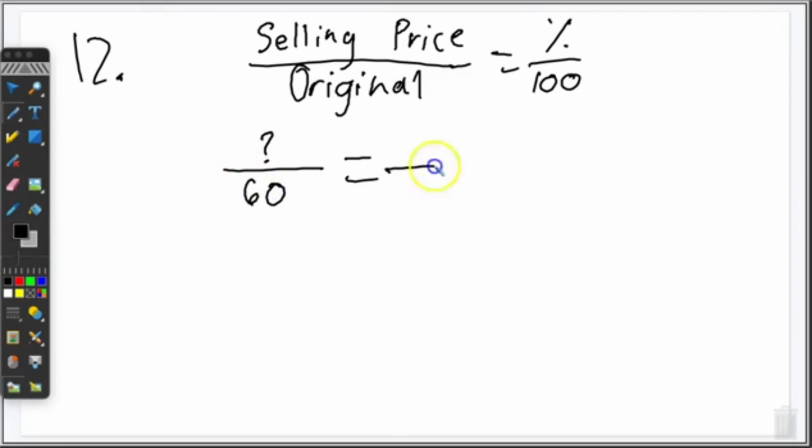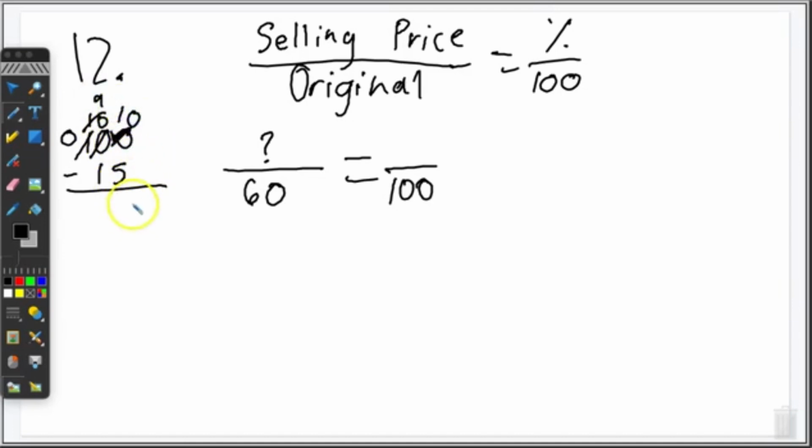And $60 is 100% of the price. Now it's 15% off. So what I'm going to do here is to find how much of the percent that we are actually going to pay for, I do 100 minus 15. So cross that out, make it a 10. 10 minus 5 is 5. 9 minus 1 is 8.